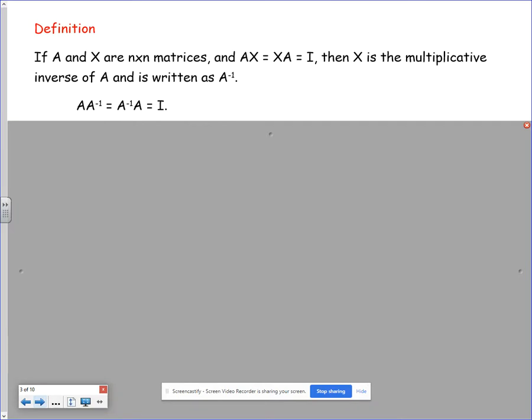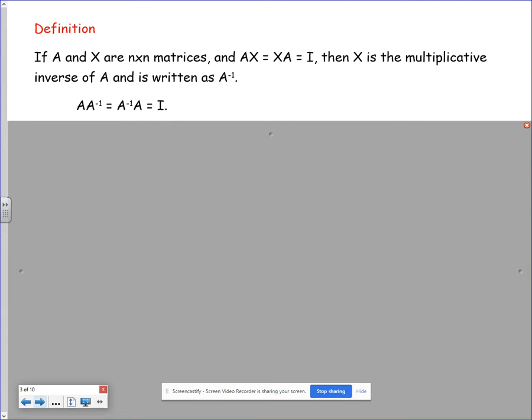Okay, final definition. This is the most important one. If A and X are n by n matrices, and A times X is equal to X times A, which is equal to I, the identity matrix, then X is called the multiplicative inverse of A. Okay?